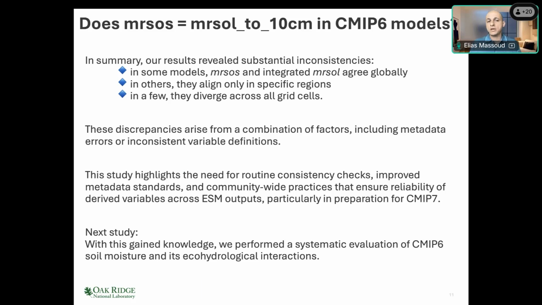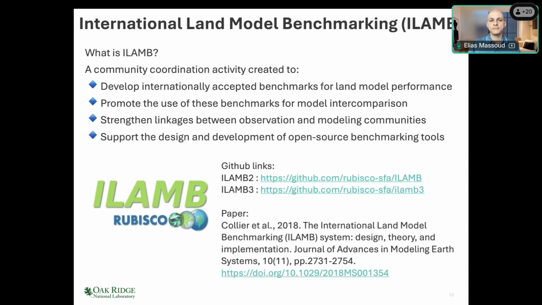So with this newly gained knowledge, we performed a benchmarking analysis of CMIP6 soil moisture and its ecohydrologic interactions. So to perform the benchmarking, we use the ILAMB framework. It's the International Land Model Benchmarking software. And for those who are not familiar with ILAMB, what is it?